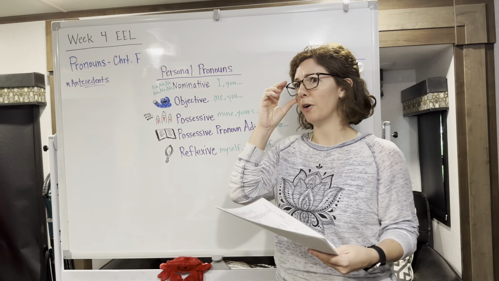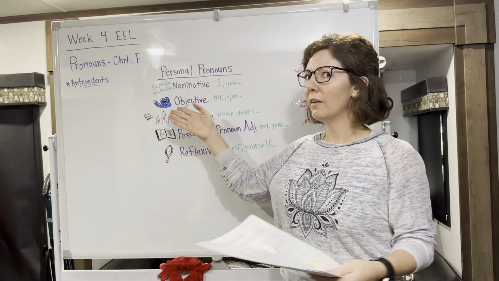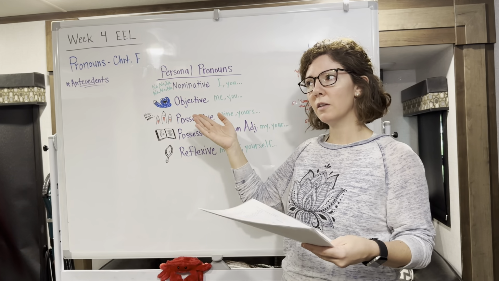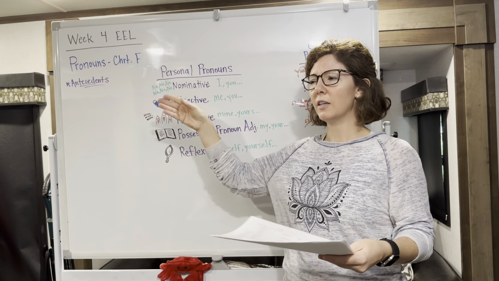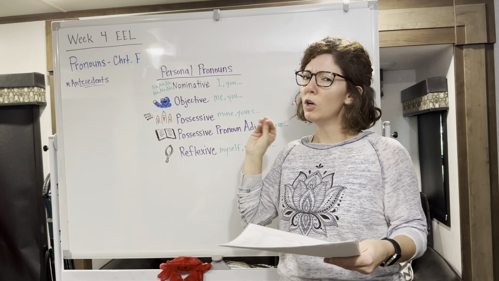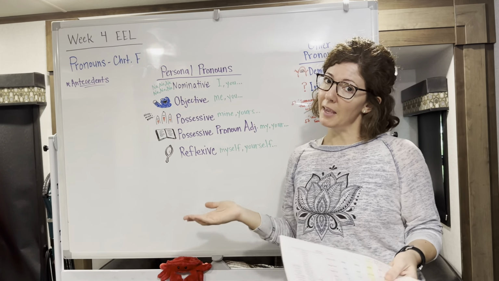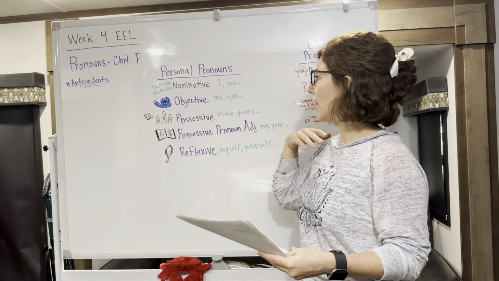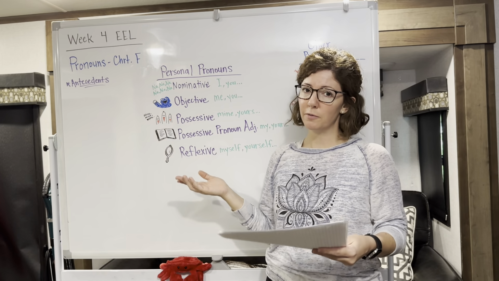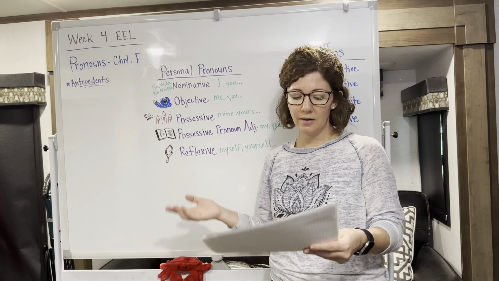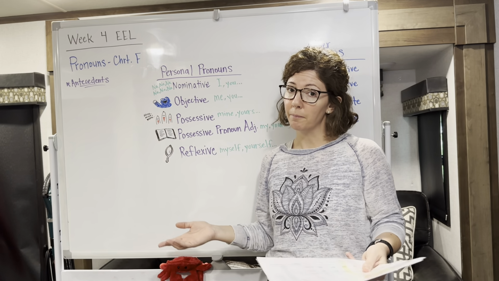So that's how we can remember: Cookie Monster wants the object, me want cookie. And the objective pronouns list starts with me. So our objective pronouns are me, you, him, her, it, us, you, them.